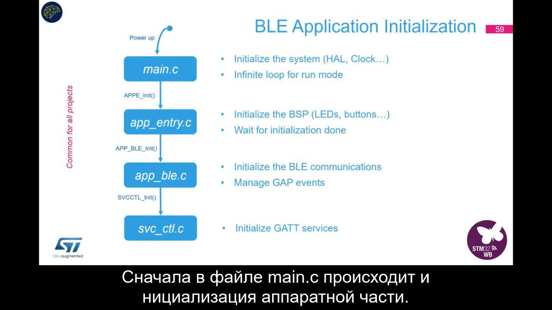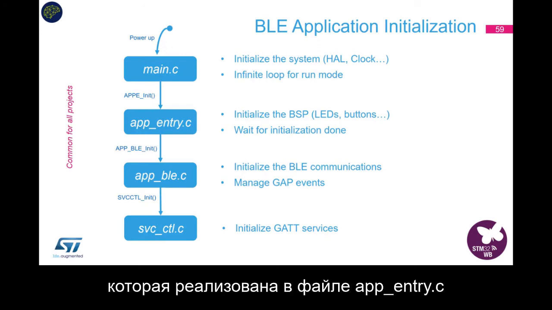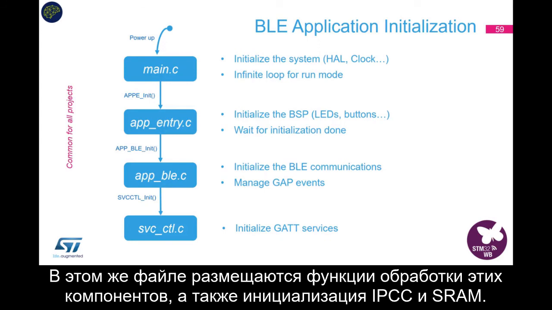So this was the flow that we had going on. We came into our main.c, initialized all our hardware, and then started our BLE, which was APPE_Init, or application entry initialization. That then goes into our app_entry.c file, where we initialize various pieces of hardware, things like LEDs, push buttons, and the callback routines for each of those bits of hardware, and the SRAM and the IPC are all initialized in there.